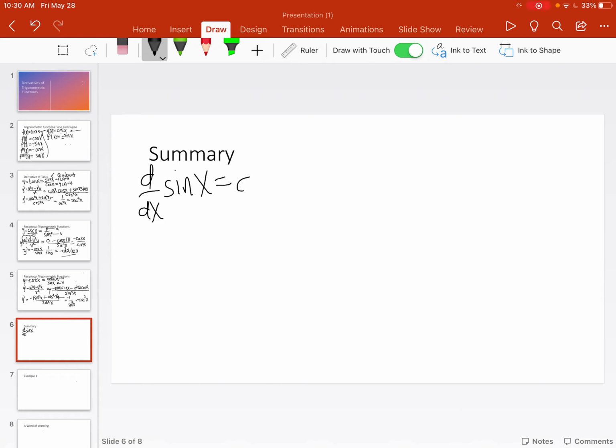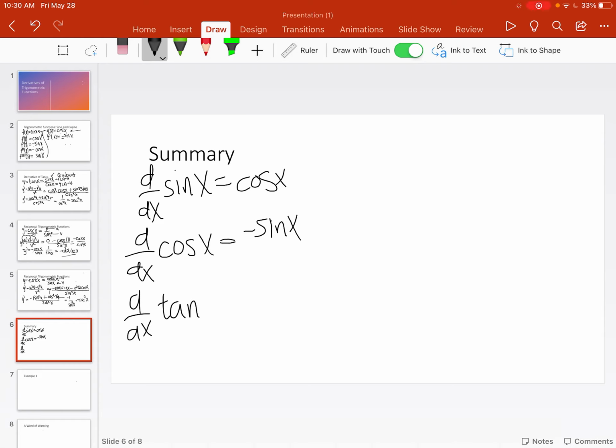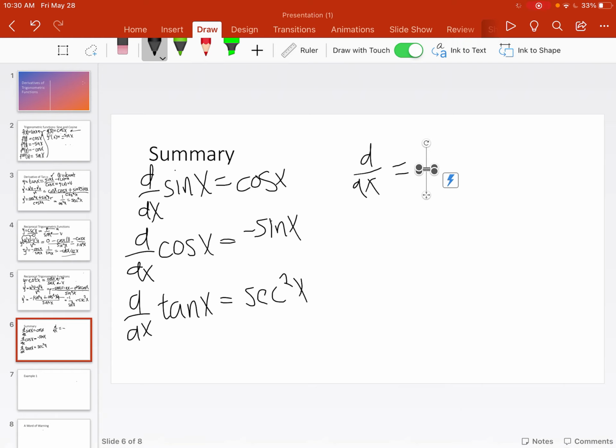So the derivative of sine x is cosine x. The derivative of cosine x is negative sine x. The derivative of tan x is secant squared x. I say that knowing the logic is very important, because let's say you're in university, and we didn't cover this one right here.